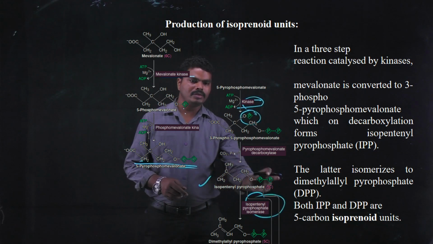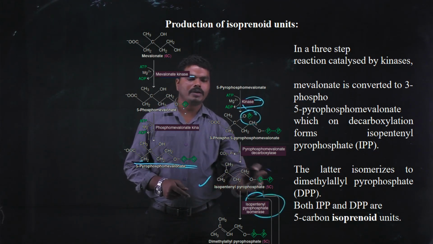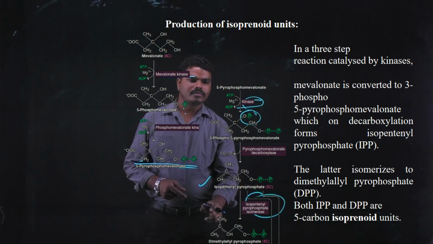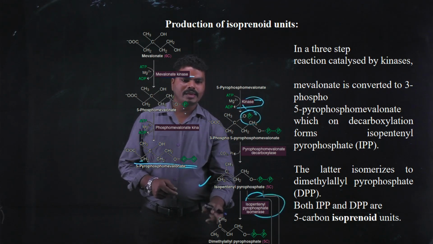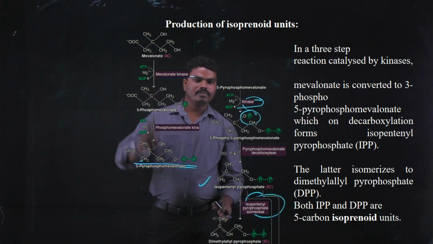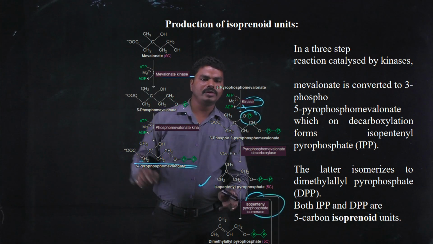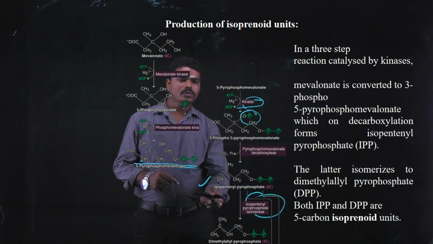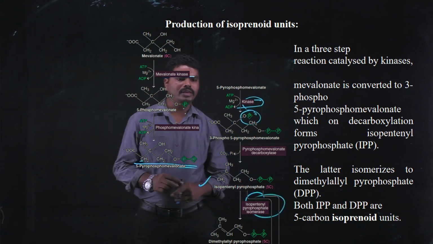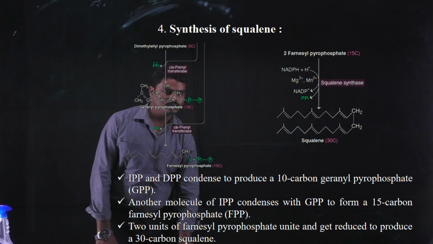Here we can see isopentenyl pyrophosphate has 5 carbon units, and dimethylallyl pyrophosphate also has 5 carbon units. But mevalonate consists of 6 carbon units. The 6-carbon unit will be converted into 2 isoprenoid units that consist of 5 carbons in their structure. That is the third step of cholesterol synthesis.